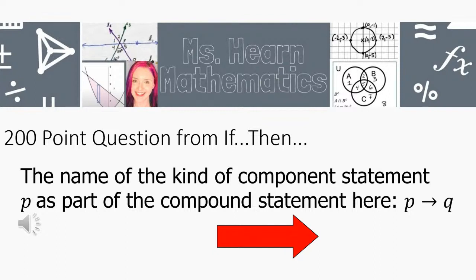We're looking for P. What is P called? You might remember the prefix that it has means... oh, very good, guys, very good.